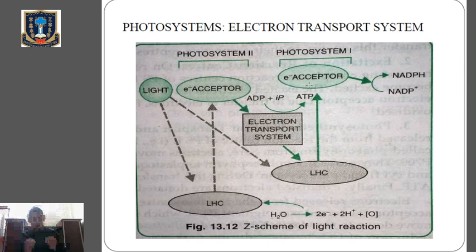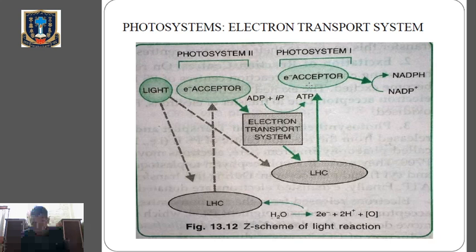So when the PS2 receives light having the wavelength 680 nanometer, the electrons will be excited. Clear? The electrons will be emitted by the P680, and at the same time the chlorophyll molecules will be oxidized. The electrons emitted by the P680 of PS2 will be trapped by the P700 of PS1.